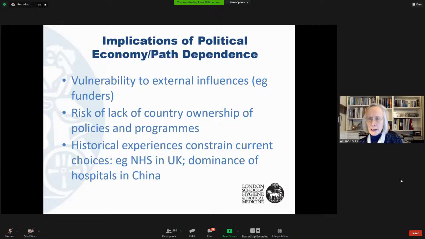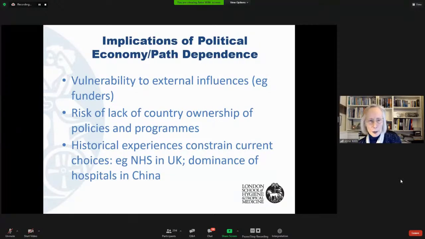But also historical experiences constrain current choices. And that's the notion of path dependence, a notion used a lot by historians. For example, it's hugely difficult for any British government to fundamentally change the National Health Service. It's embedded in UK society.